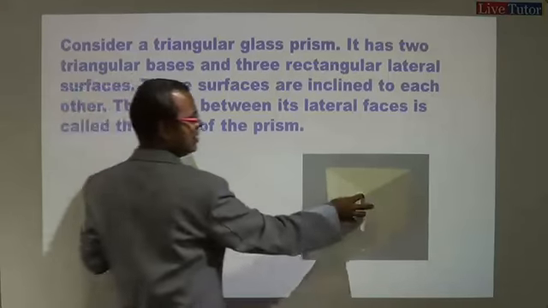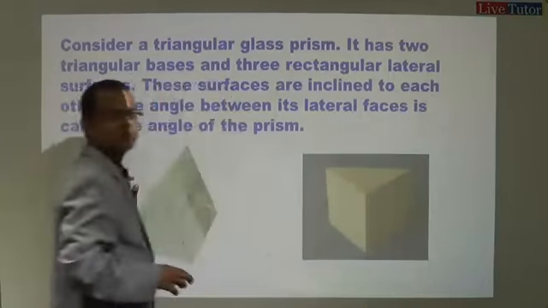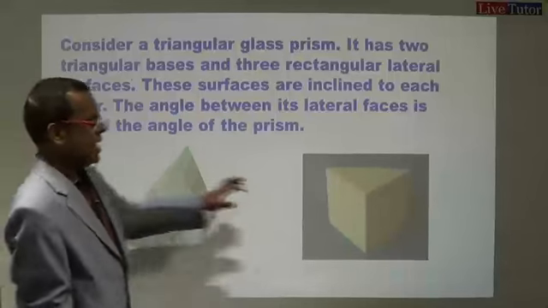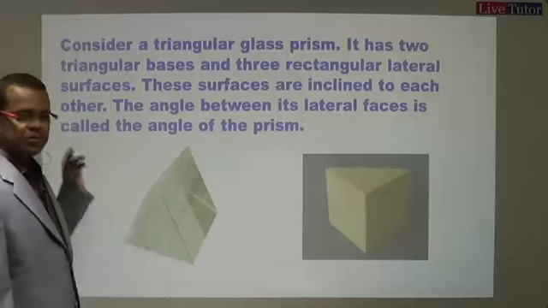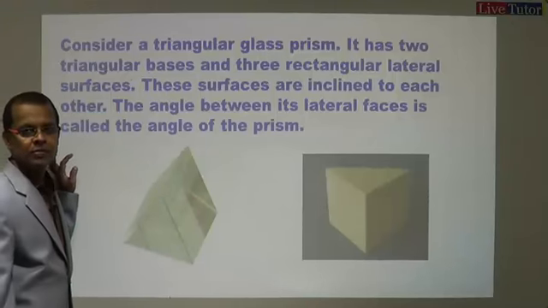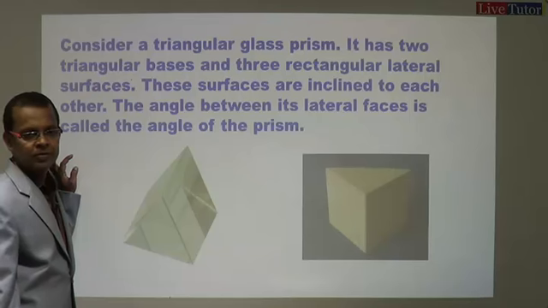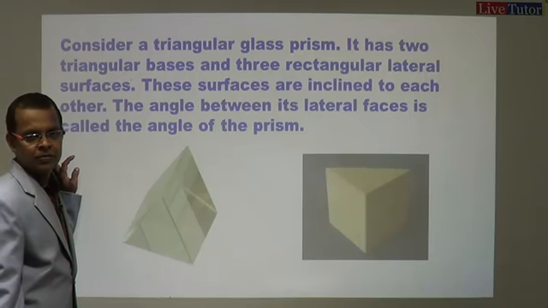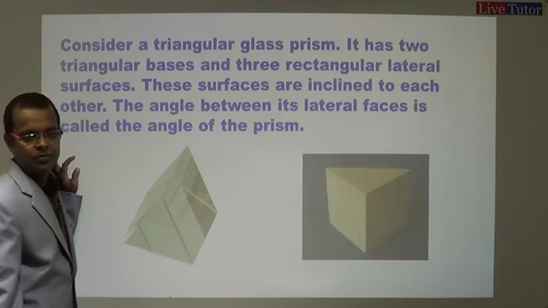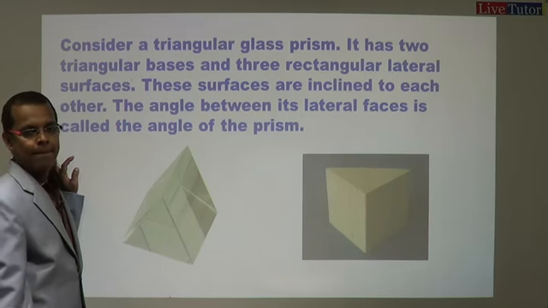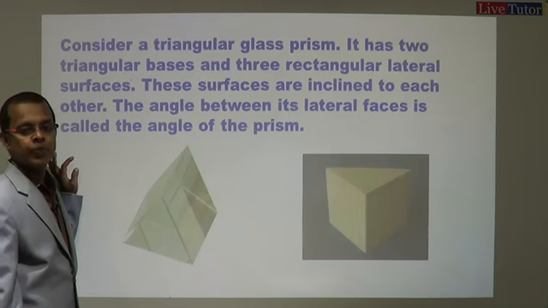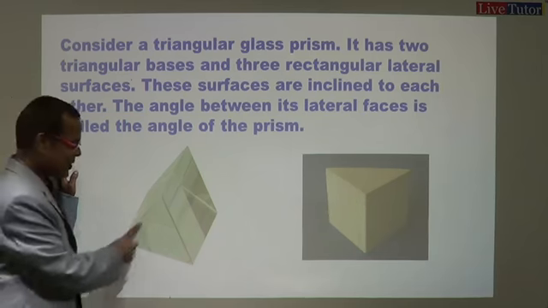Can you tell me, for a triangular prism, what could be the angle of the prism? Say, for example, take this one. You don't need to think, it's a triangle.